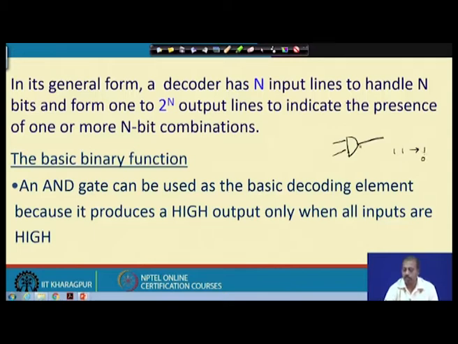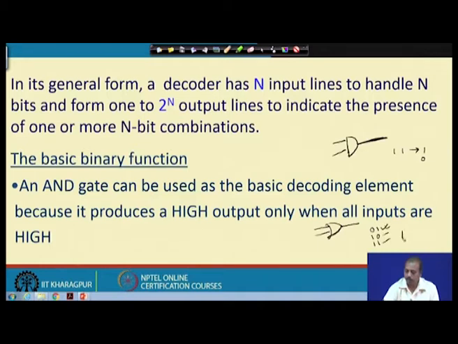Since it has only one output, that one output is high when 1 1 is applied. On the other hand, an OR gate is not a decoder in that sense, because it produces 1 for 3 different combinations: 0 1, 1 0 and 1 1.